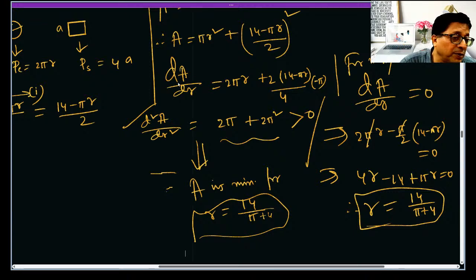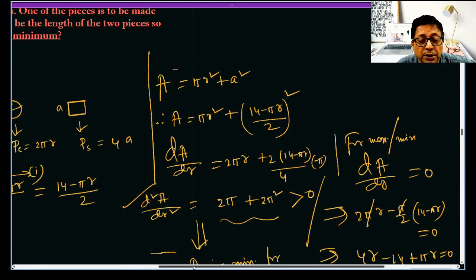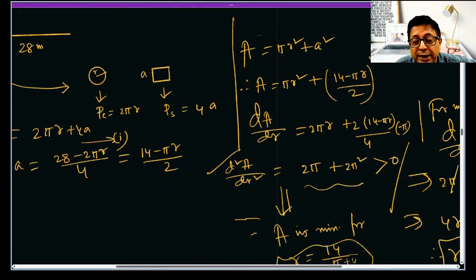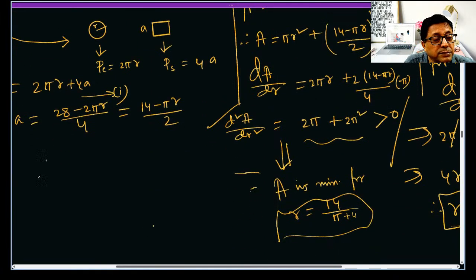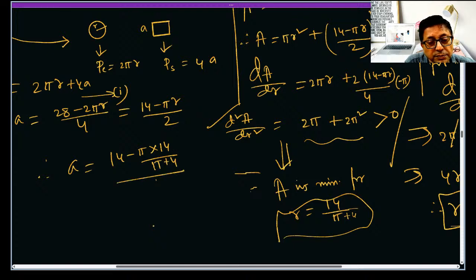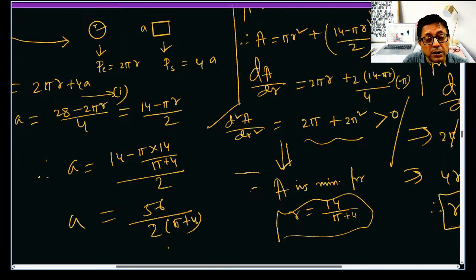So dimension found out. Radius you got. Now use this relation. Which relation? a. You have to find a also, no? So 14 and 14 pi get cancelled. 56, 2 into pi plus 4, 28 by pi plus 4.